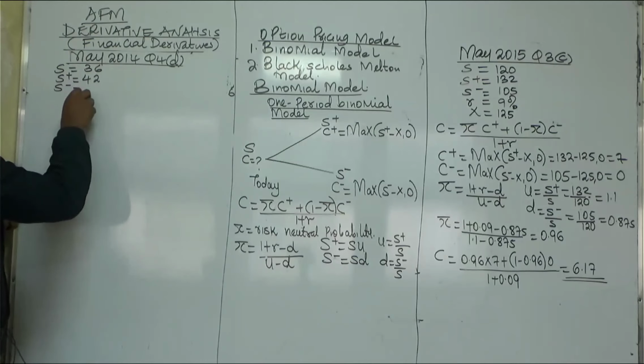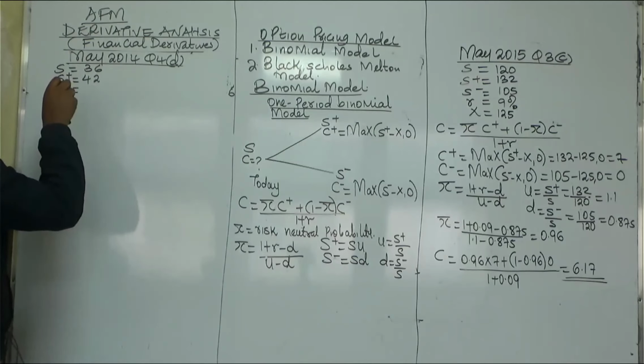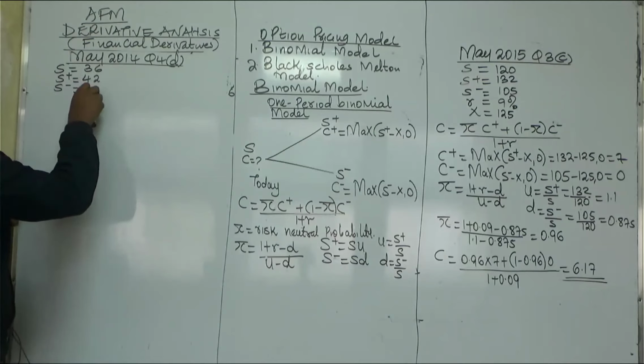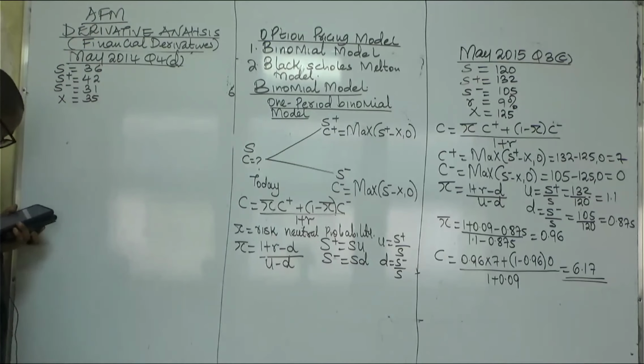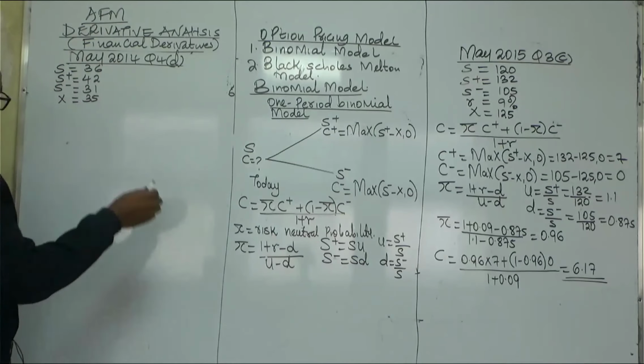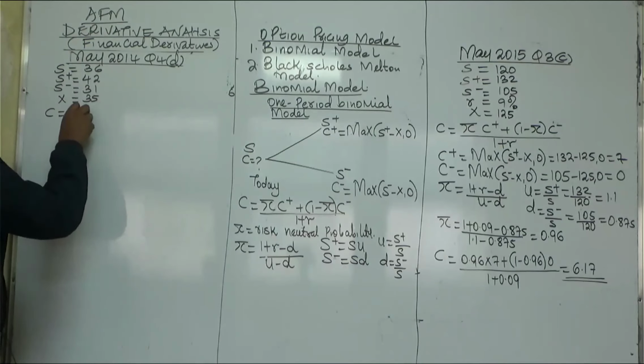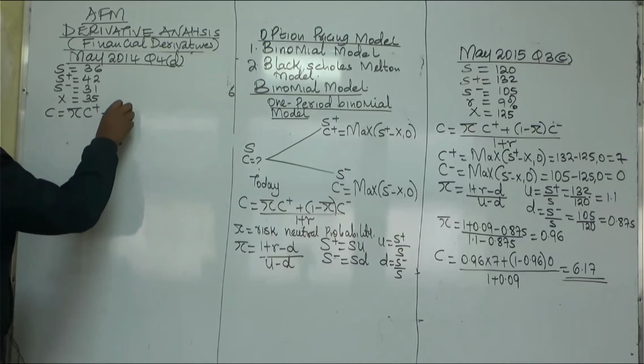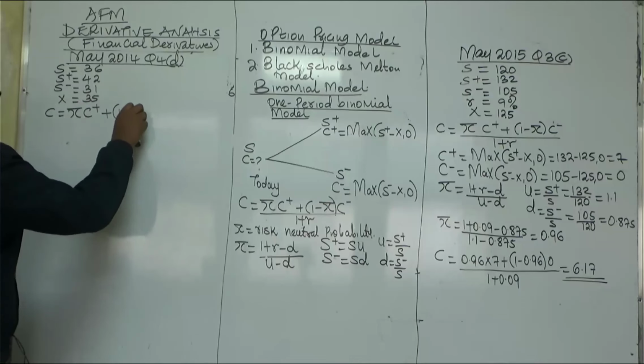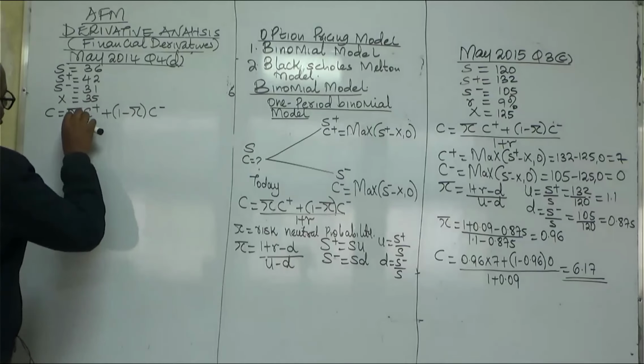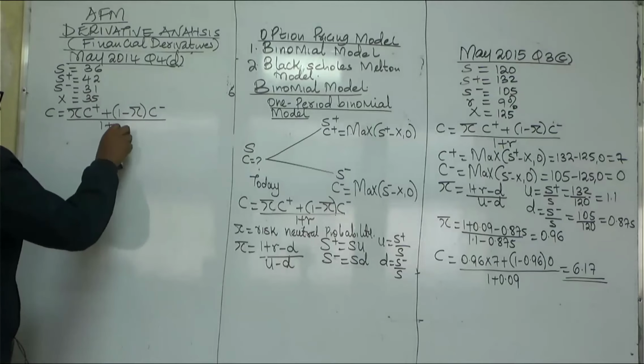Price when it goes down, it may go down to 31. Exercise price we've been given there, it is 35. They want the market price of the call to be the risk neutral probability times C plus, plus 1 minus the risk neutral probability times C minus, divided by 1 plus R.